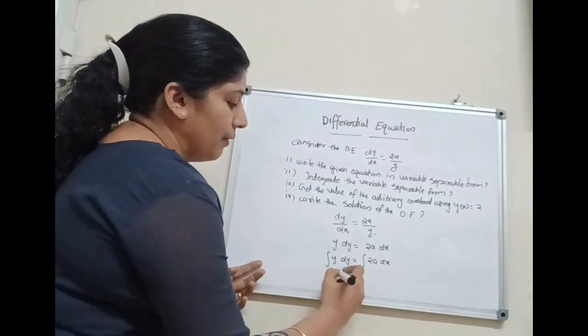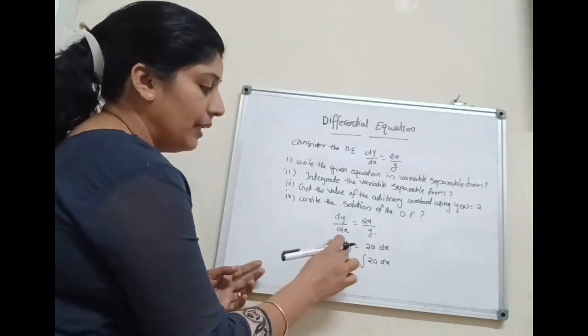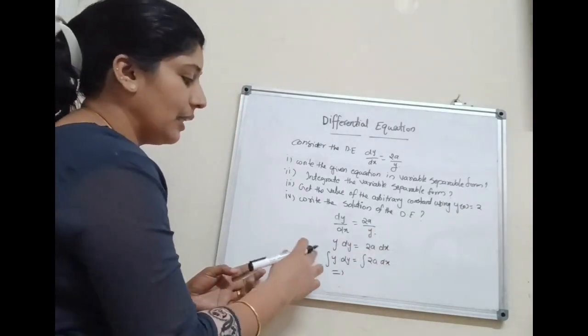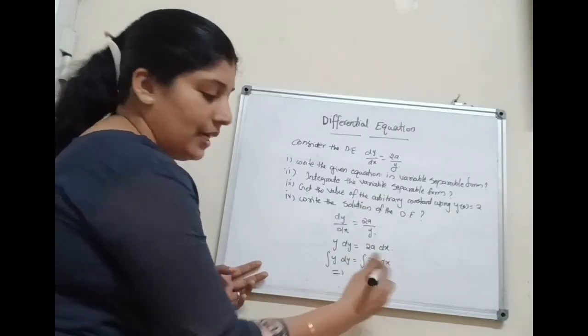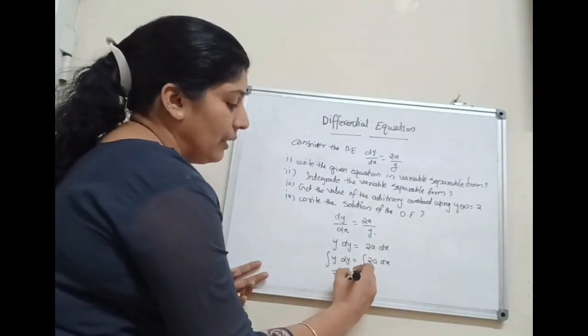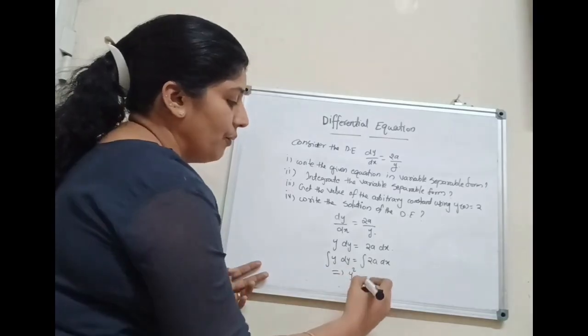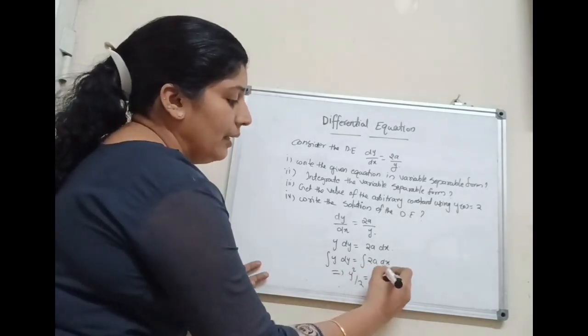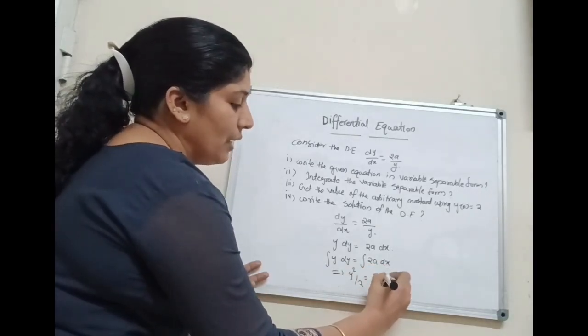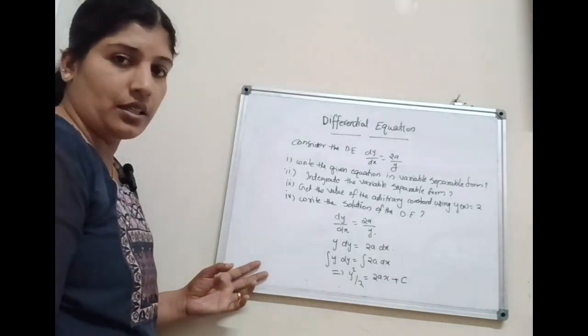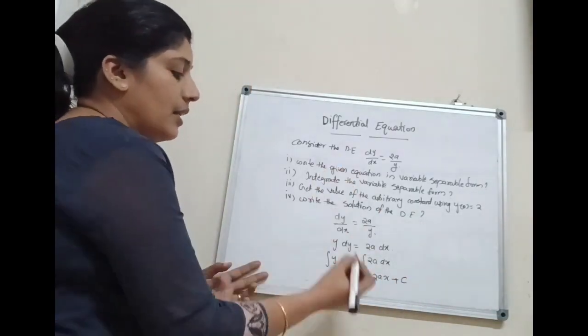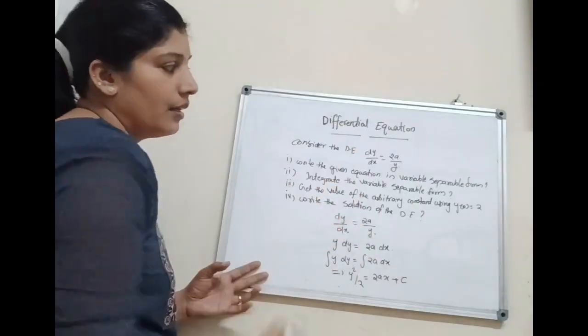First we write the variable separable form y dy equal to 2a dx, and next we integrate it. That is y square by 2 equals integral 2a dx, that is 2a into x plus c, an arbitrary constant. This is the general solution of the given equation.